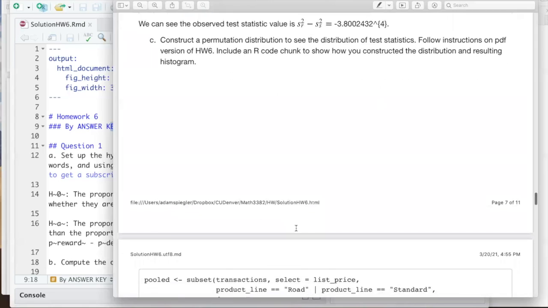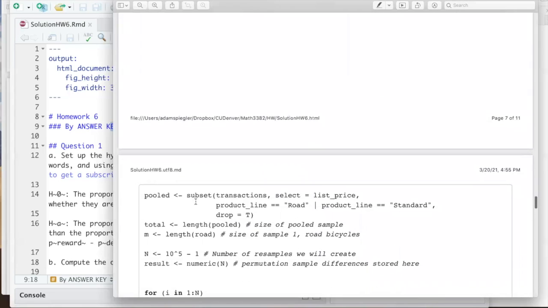So when we construct our permutation distribution, again, we're going to have this pooled sample. We don't want to include all observations in this data set because there were other product lines, and we want to only include 2 of the product lines in our pooled sample. So we select observations that have product line equal to road or standard.